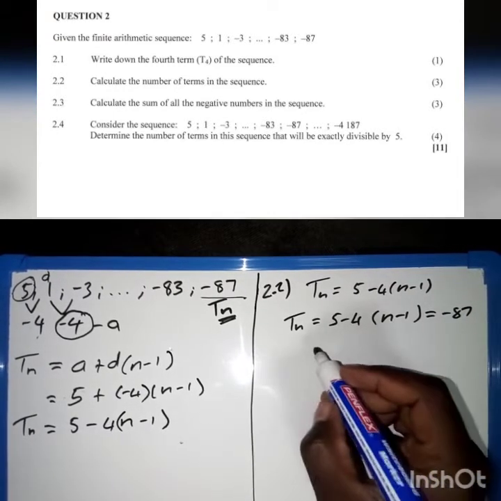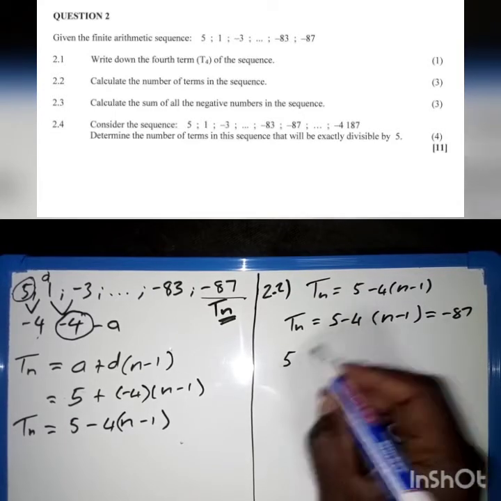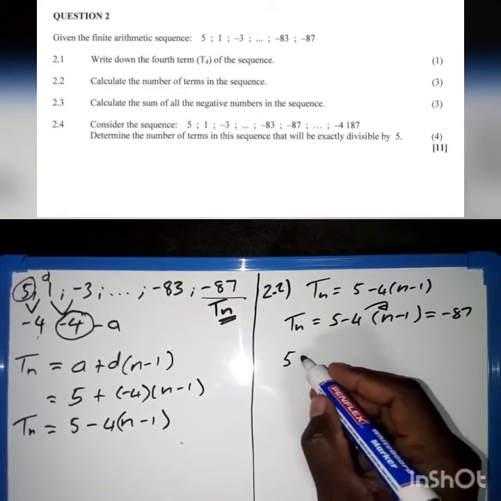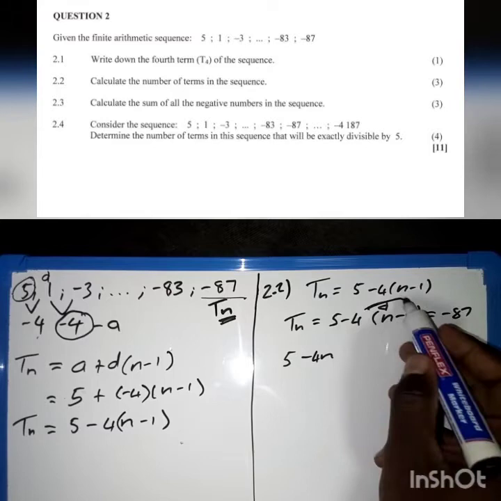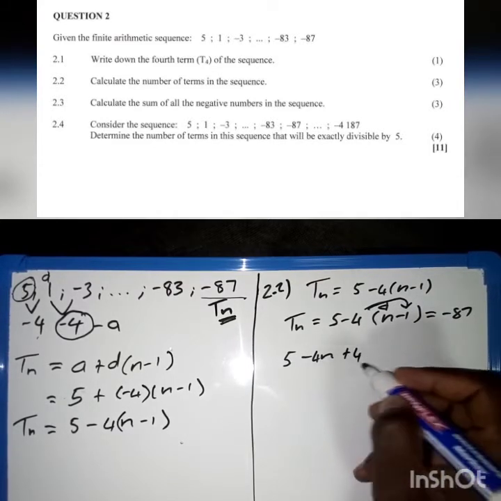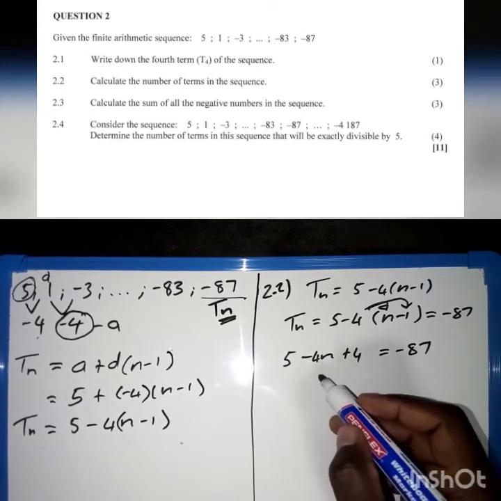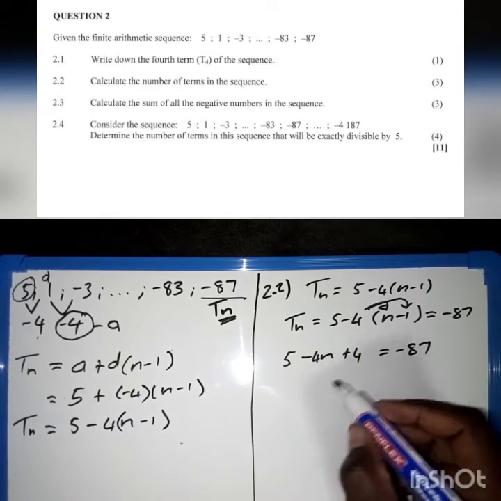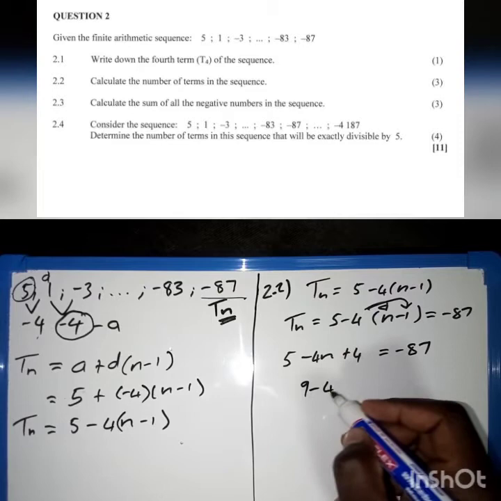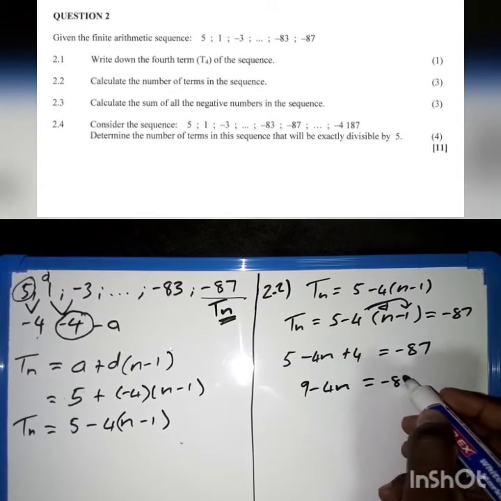I'm going to solve for n. So I've got 5, multiply out, minus 4n plus 4 is equal to negative 87. And then 5 plus 4 is 9, so I've got 9 minus 4n is equal to negative 87.